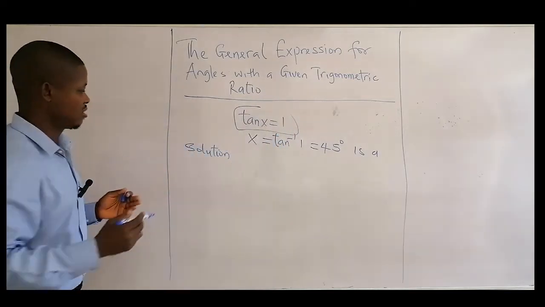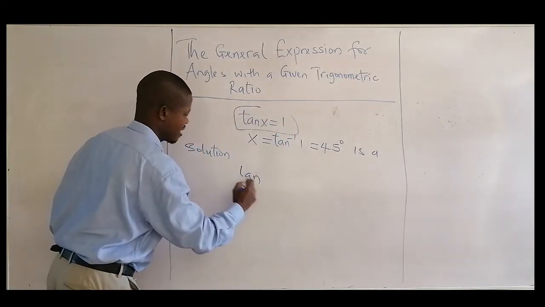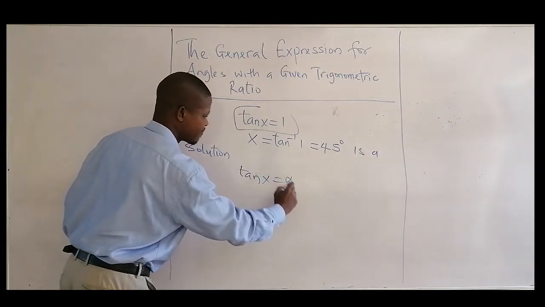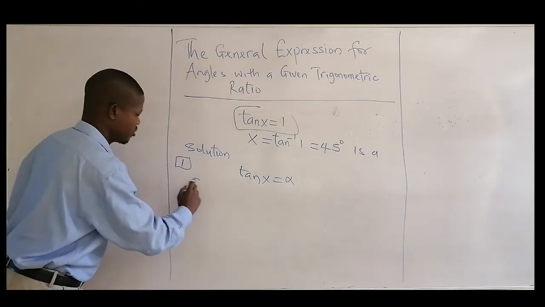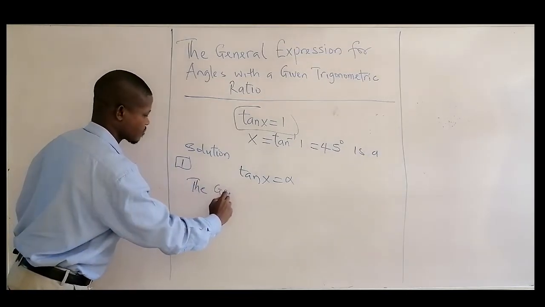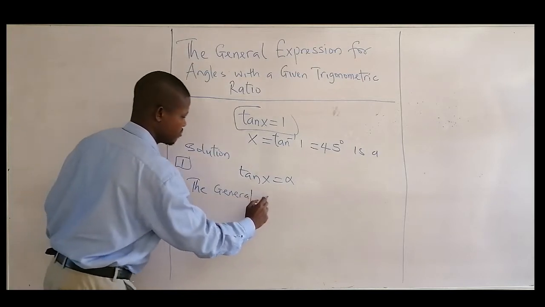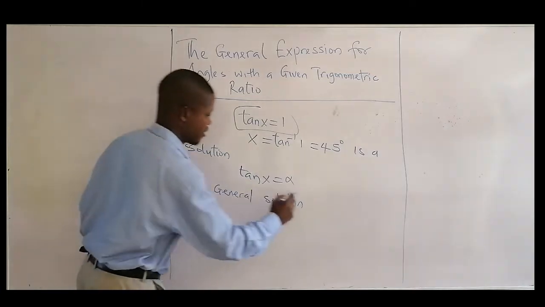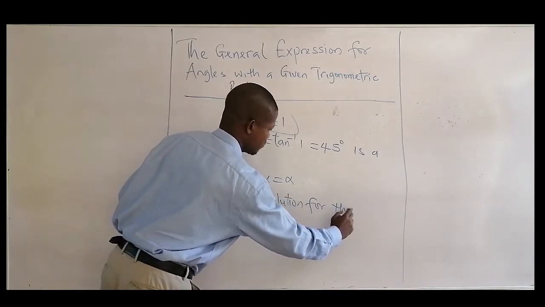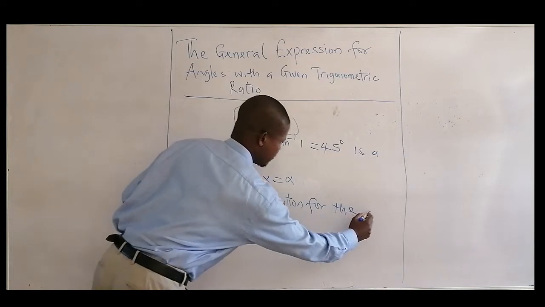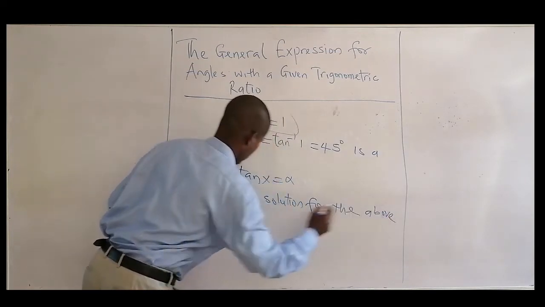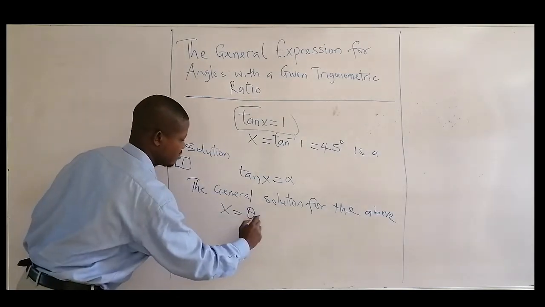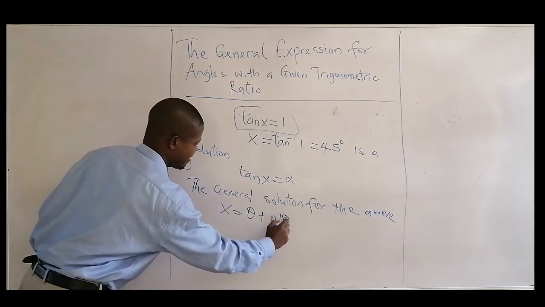So in a nutshell, for tan x equal to alpha, the general solution for the equation above will be x equal to theta plus n180.